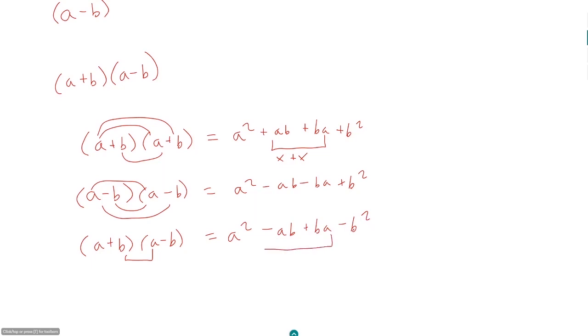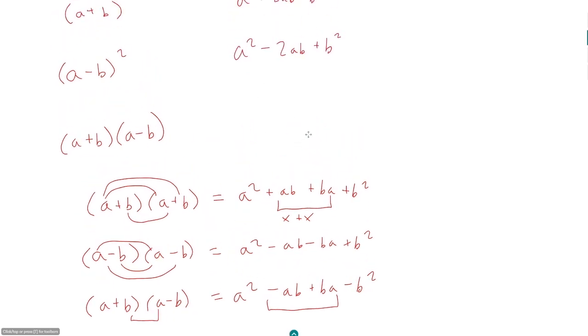So here, with a difference of squares, our middle term cancels out because we have minus ab plus ab, which gives us 0. So we are left with just our 2 end terms, a squared minus b squared. So here, you should be able to see why this is called a difference of squares.